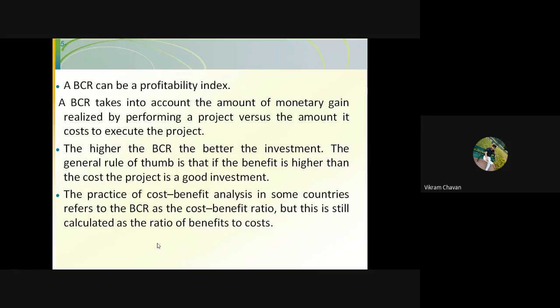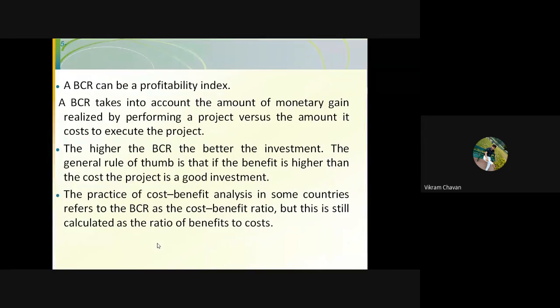So the higher the BCR, the better the investment. The more this BCR value, the more chances one has of getting more benefit from that investment. The general rule of thumb is that if the benefit is higher than the cost, the project is a good investment.